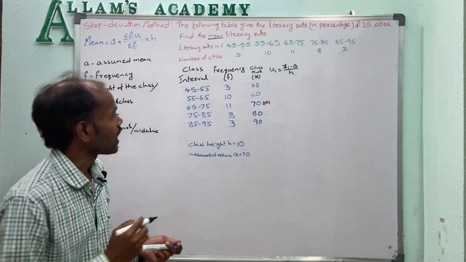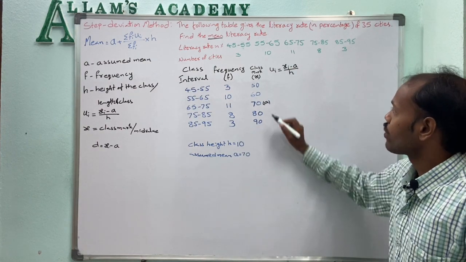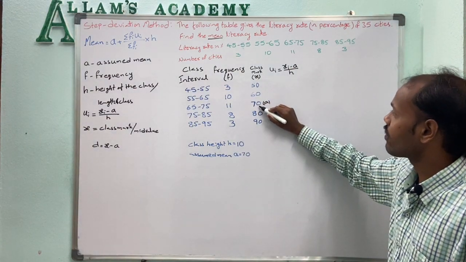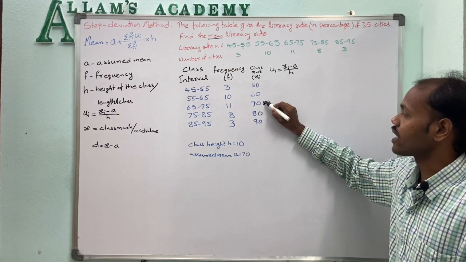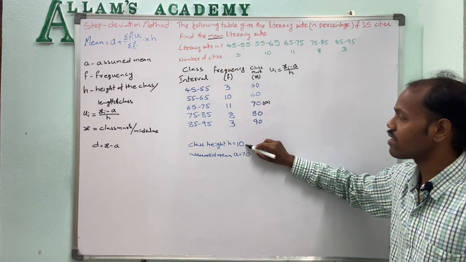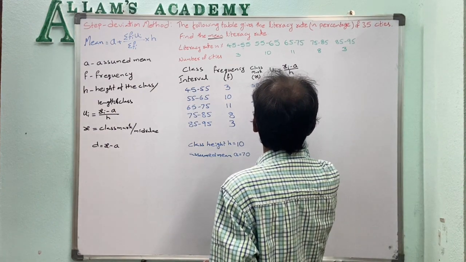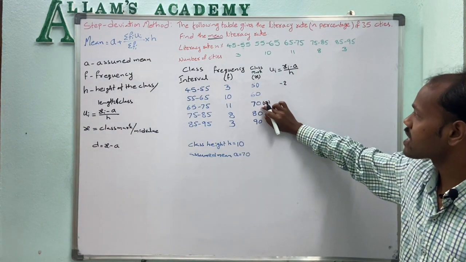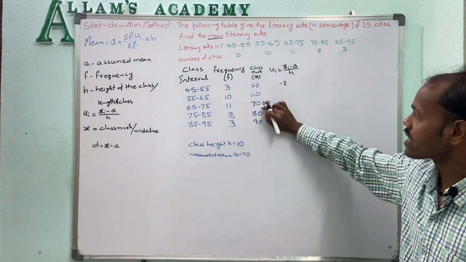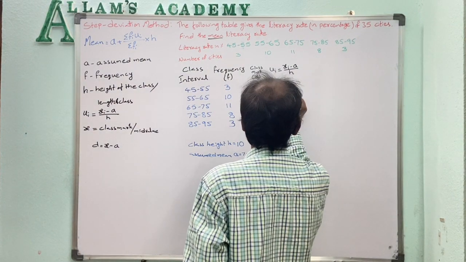Now we calculate xi minus a by h. So 50 minus 70 equals minus 20, minus 20 by h value 10 equals minus 2. Next 60 minus 70 is minus 10, minus 10 by 10 equals minus 1.